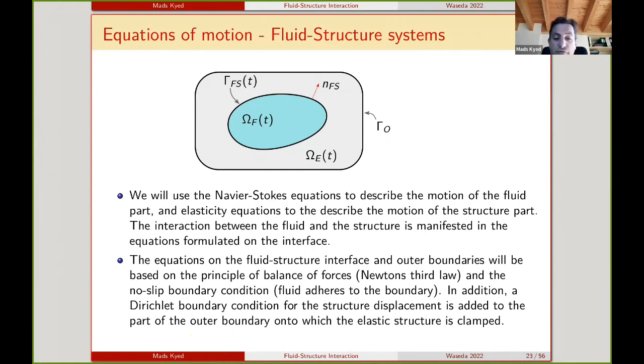So this no slip boundary condition, you should probably know it already, states that a fluid particle always adheres to the boundary. This is completely unphysical, of course. Why would a fluid particle stick to the boundary? That doesn't make sense from a physical point of view.